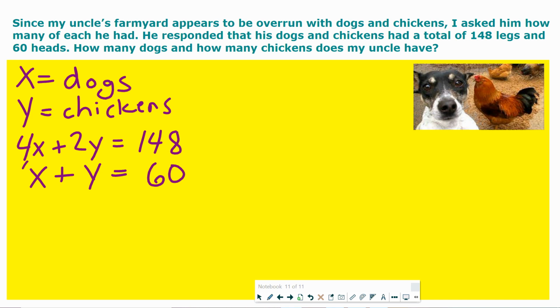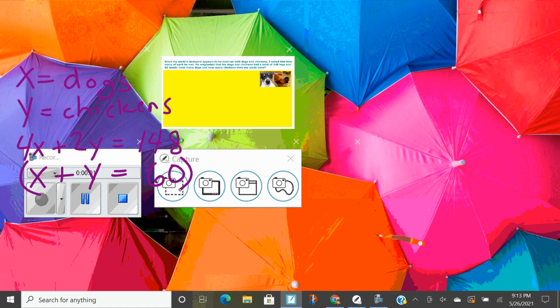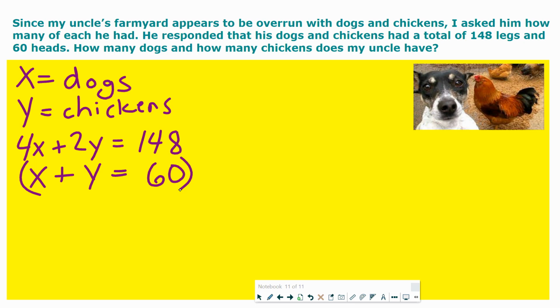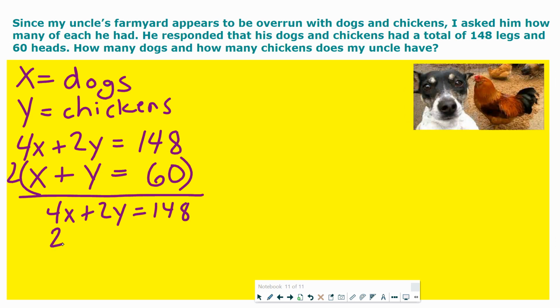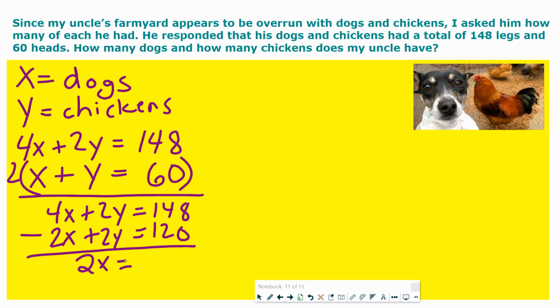So I'm going to multiply the bottom by 2. So my new equations are going to be 4x plus 2y equals 148, and 2x plus 2y equals 120. So I'm going to subtract. I end up with 2x, the y's cancel out, and I end up with 28.